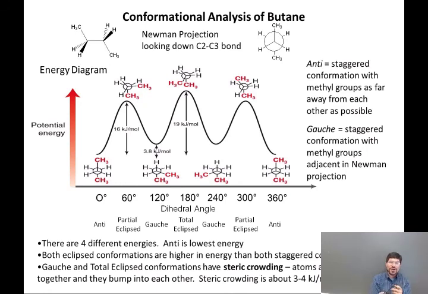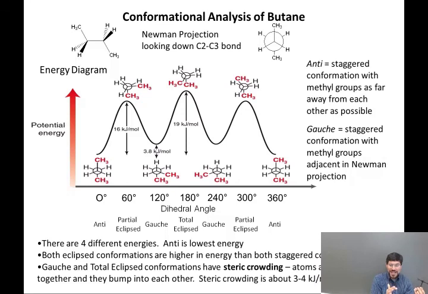So as you can see, the gauche is higher than the anti by about 4 kilojoules per mole, and the totally eclipsed is higher than the partially eclipsed by about 3 kilojoules per mole. So in summary, there are 4 different energies. Anti is the lowest energy, totally eclipsed is the highest energy, and then you have the partially eclipsed conformation and the gauche conformation.